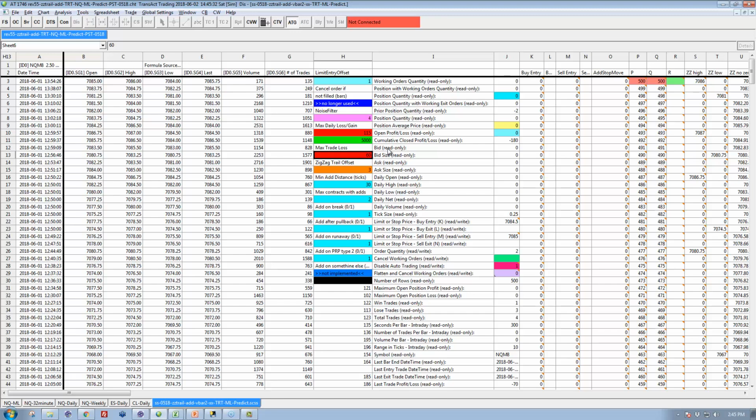On an add, you should never lose money the way it's designed, because you don't add until you have enough distance to pay for it. So this minimum add distance is 30 ticks.